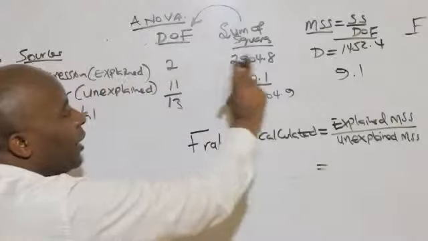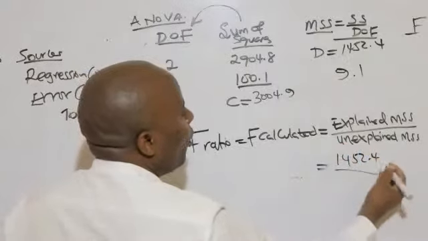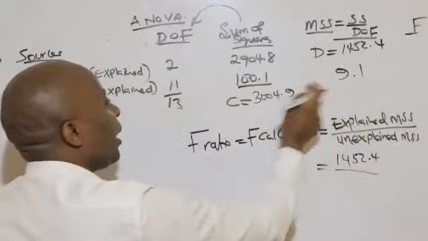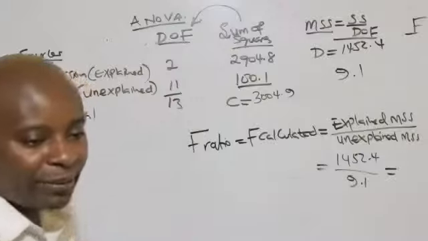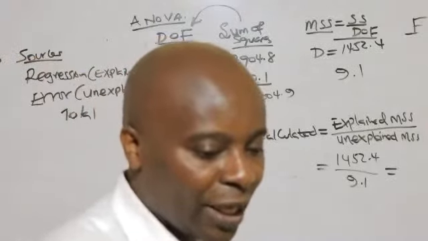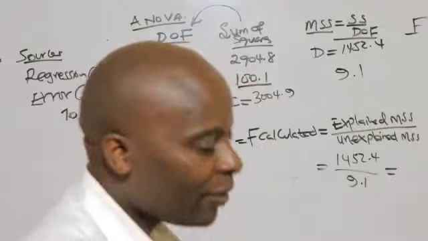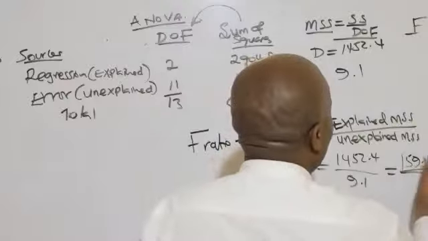The explained mean sum of squares is 1452.4, all over the unexplained MSS, which is 9.1. So what figure are we able to get? I'm being given a figure of 159.6. And that is it.